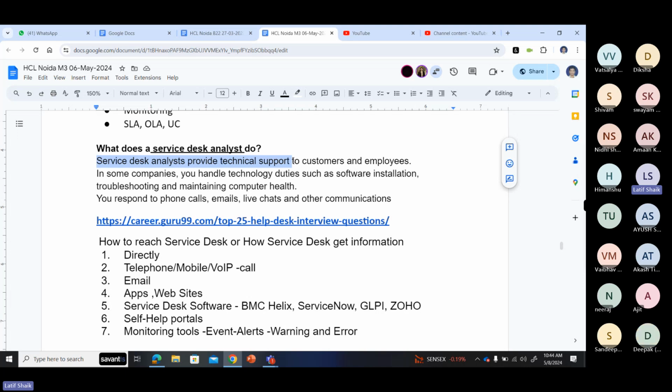For example, it can be Windows server related, Linux related, networking related, desktop related, or cloud related. It depends upon the customer and what service they are getting. If they get an issue, we have to give technical support.